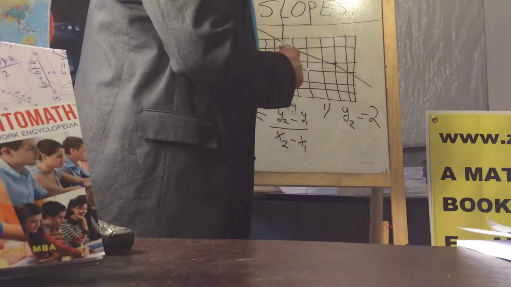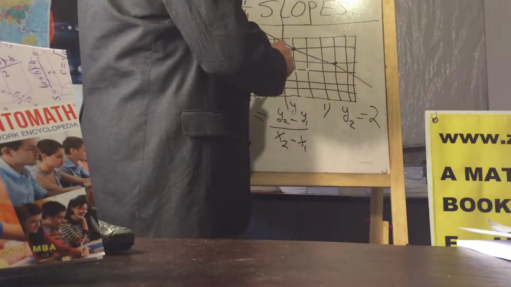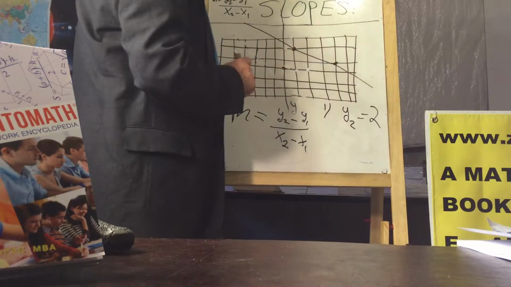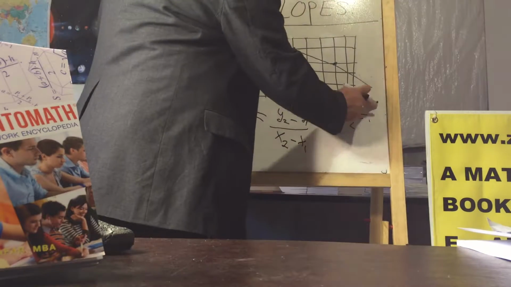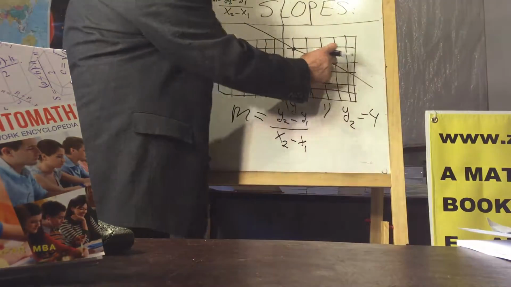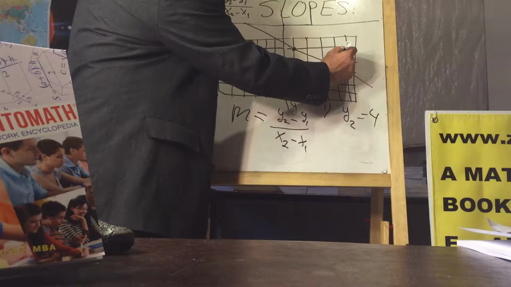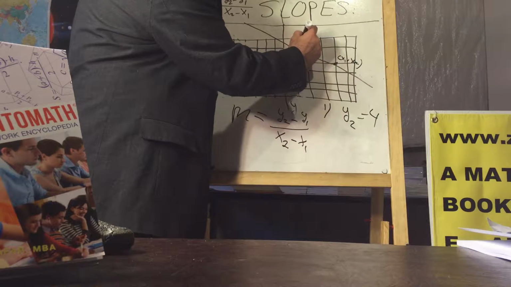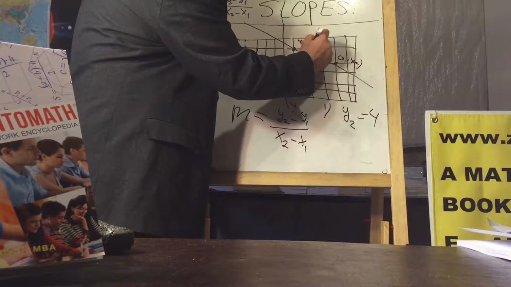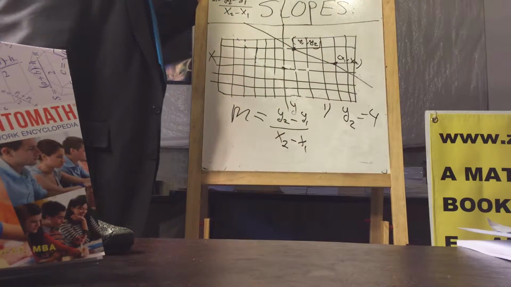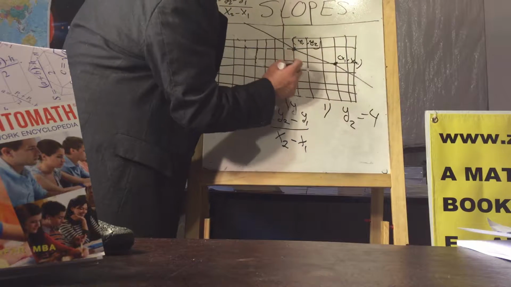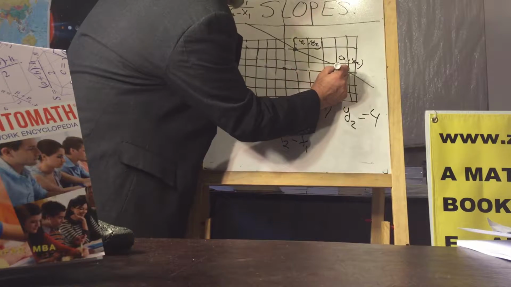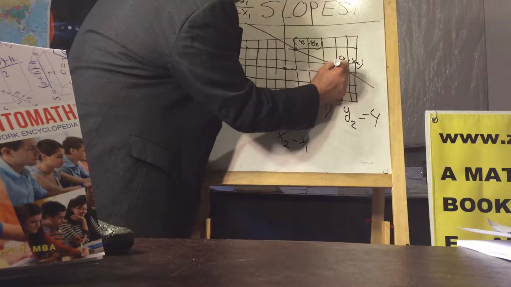Actually, I'm sorry. y2 is this one here, which is 4. My mistake. This is x1, x2, and this is y1, y2. According to this point here, x1 is 4 because you count 1, 2, 3, 4. So that's how you figure out x1.